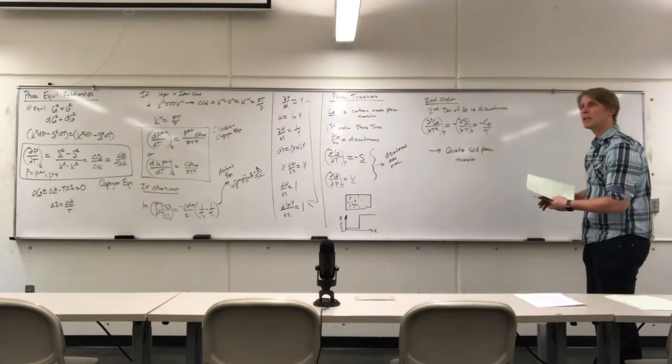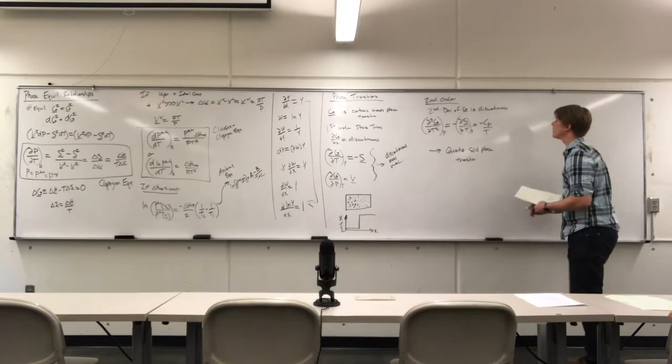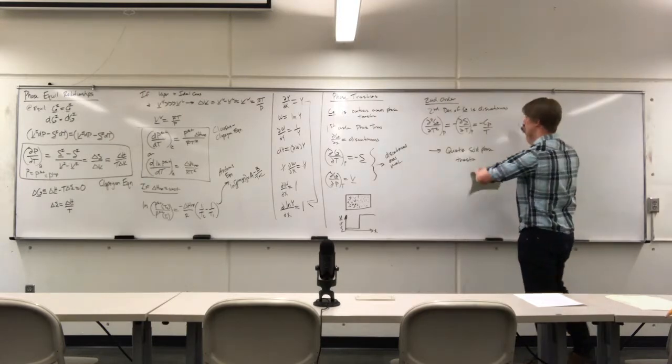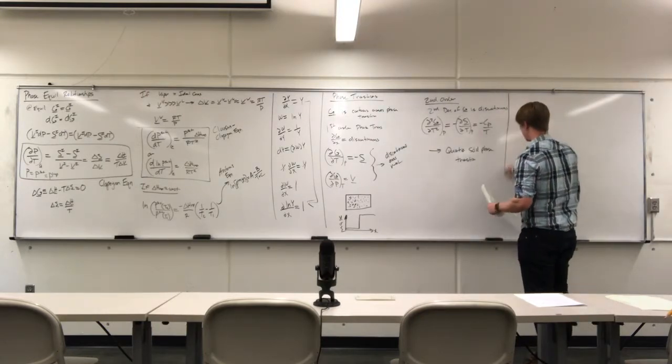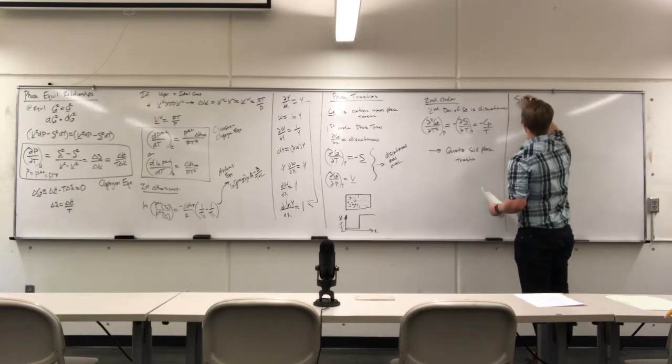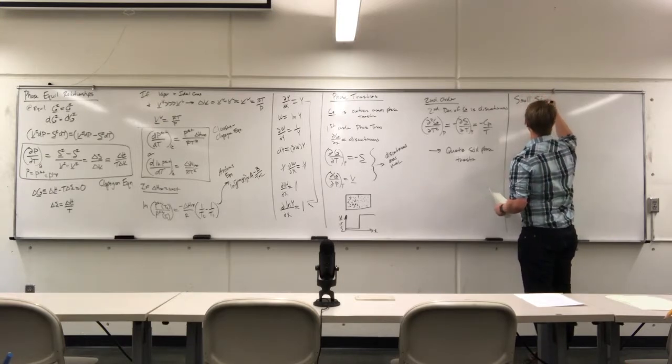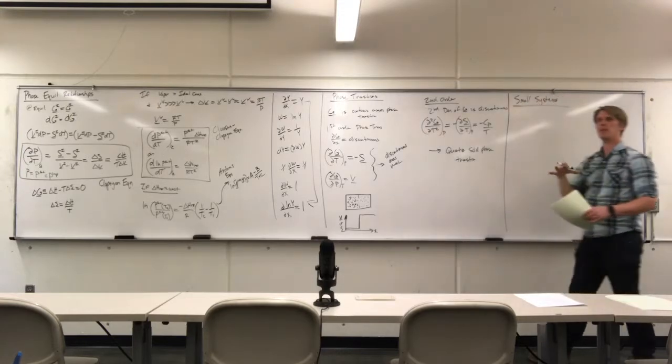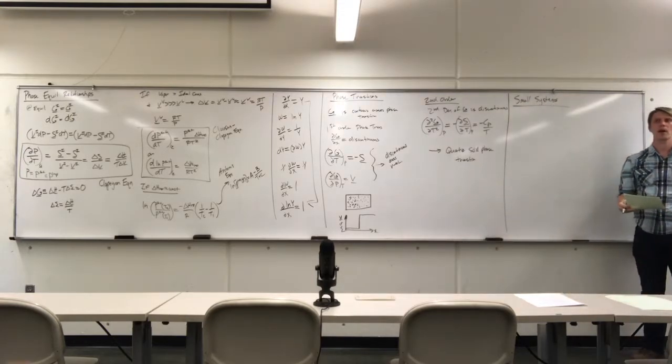Okay, last few minutes of class, I'm going to introduce what we're going to be talking about on Friday. And that is small systems. So as has been mentioned so far, everything that we're talking about is infinitely sized.